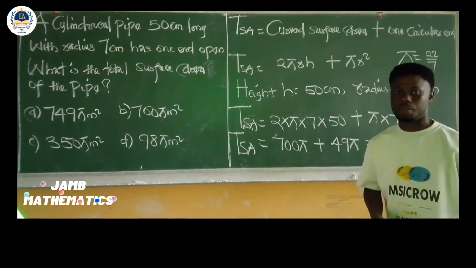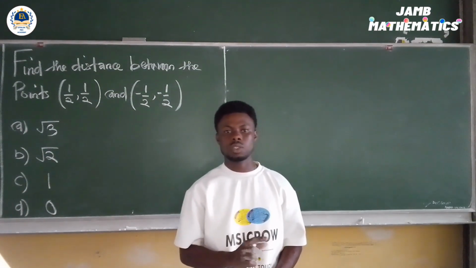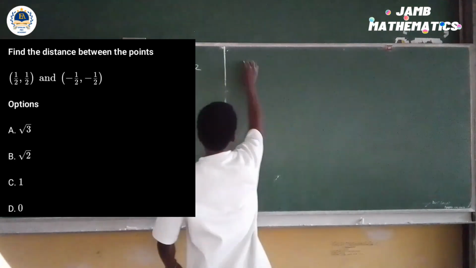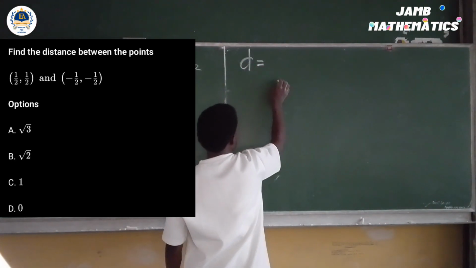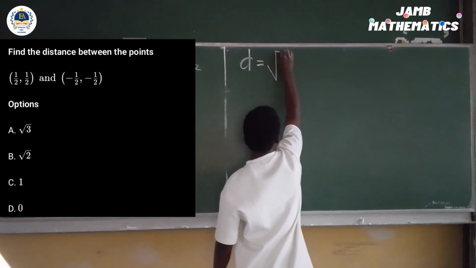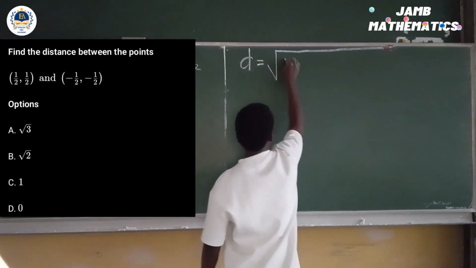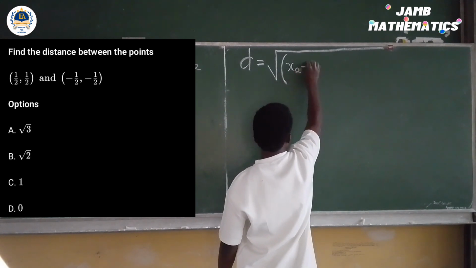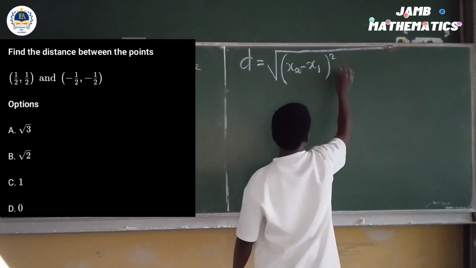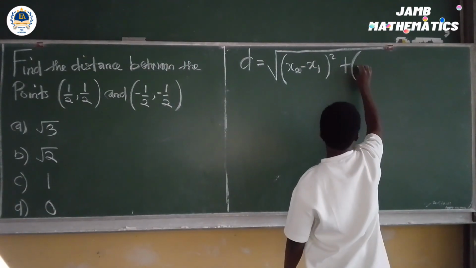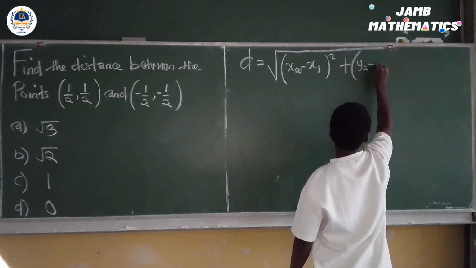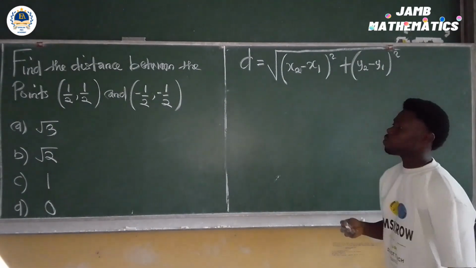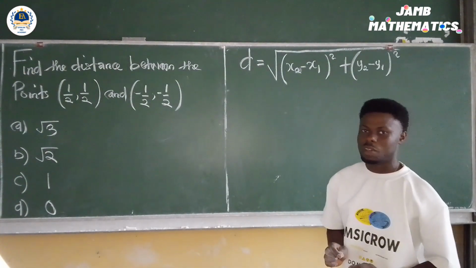Option A. Now note this, the distance between 2 points in a coordinate system is given by this general formula. The distance is given by the square root of, in bracket, x2 minus x1 all squared plus y2 minus y1 all squared. So this is the general formula for the distance between 2 points in a coordinate system.